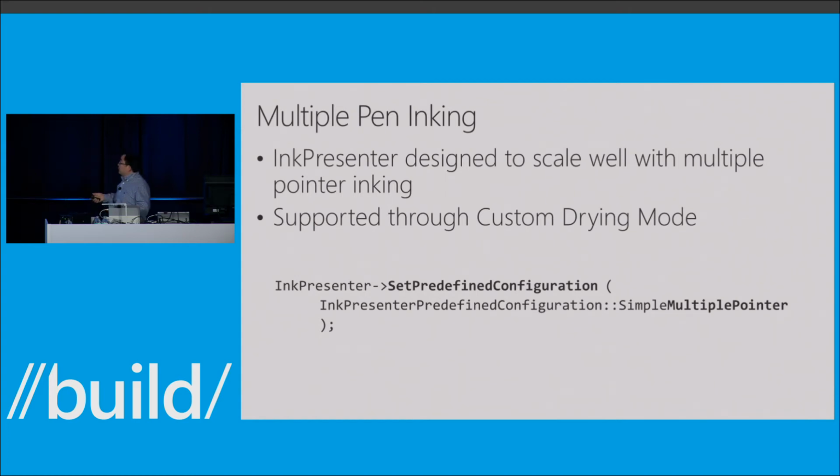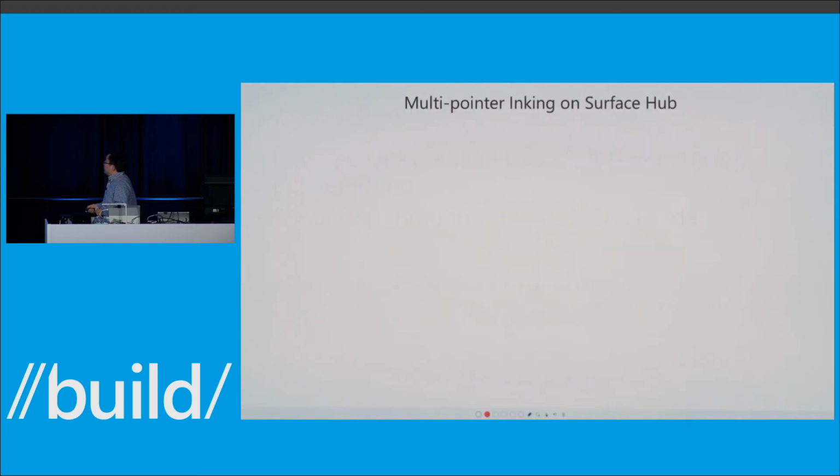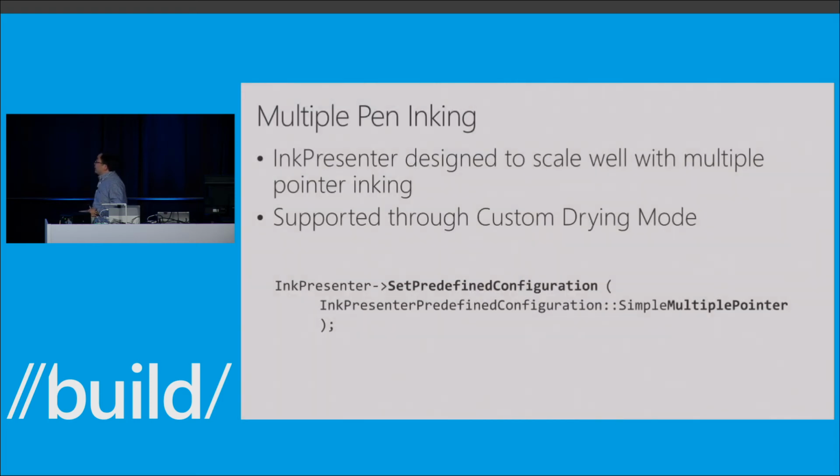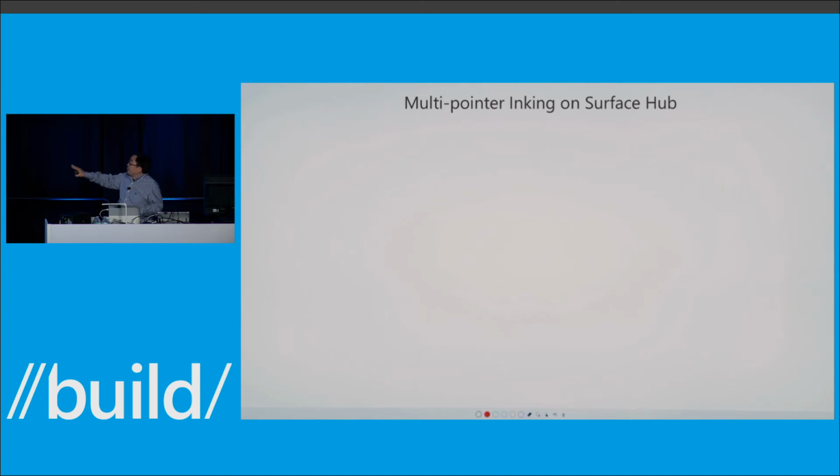There's another thing you can do when the application is in custom drawing mode, which is to enable very powerful Surface Hub type of multi-pointer, multi-pen, multi-finger inking scenario. All you need to do is change one predefined configuration. And that's it.